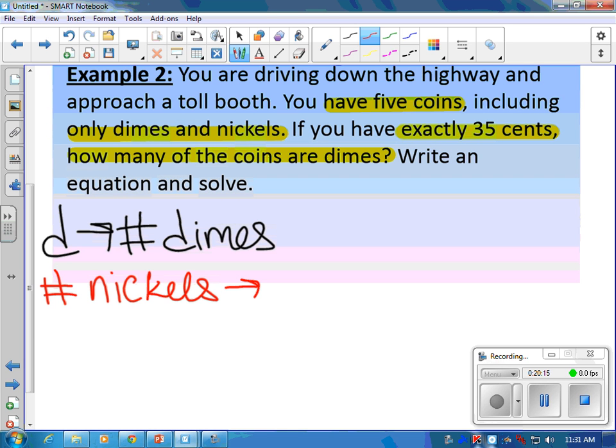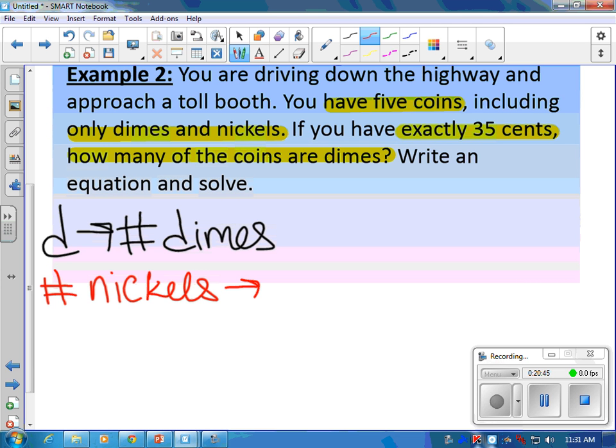Let's say, not thinking about our variables right now, let's pretend like I have 1 dime. How many nickels do I have? If I have 1 dime, how many nickels would I have? Somebody give me an answer and a reason.